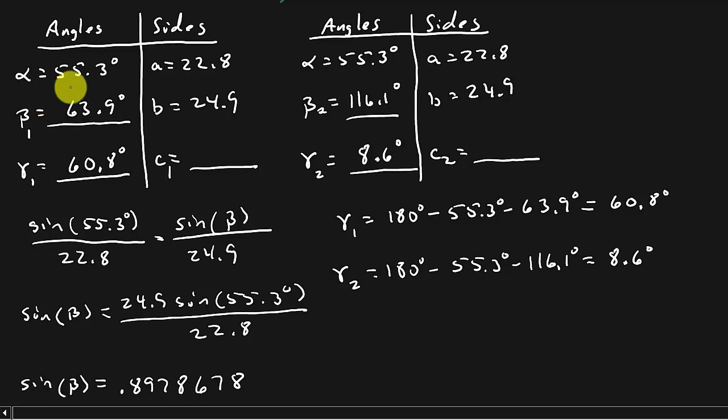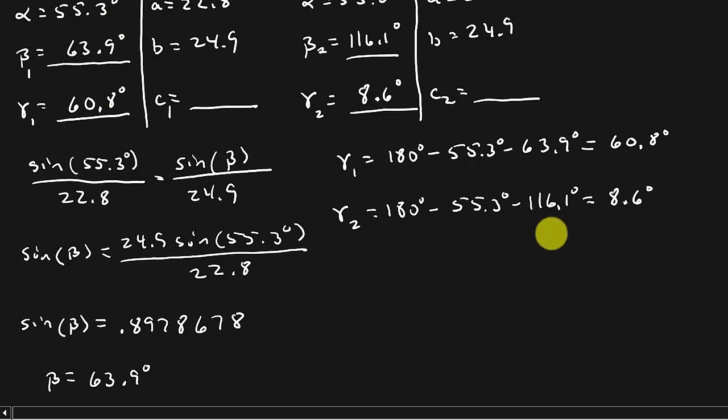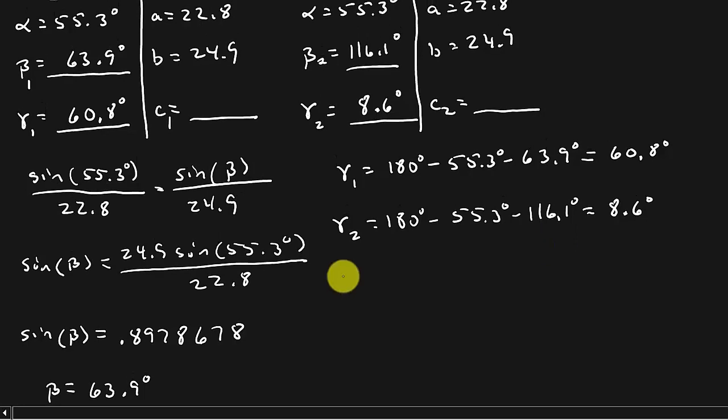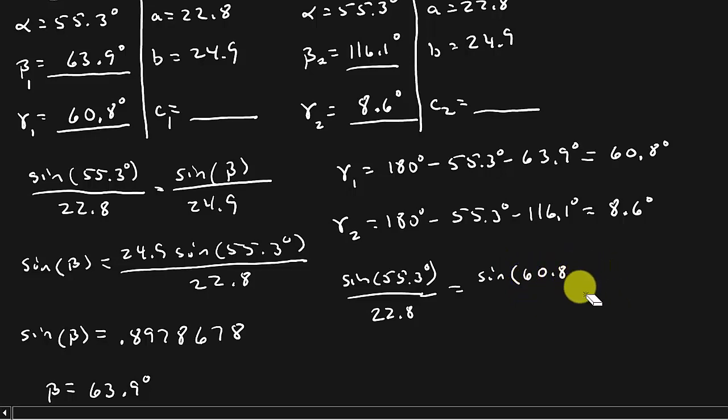All right, so now let's find C1 and C2. So look, I'm going to use alpha and A, gamma 1 and C1 to find C1. So this is going to be sine of 55.3 over 22.8 equals the sine of gamma 1, which is 60.8, over C1.